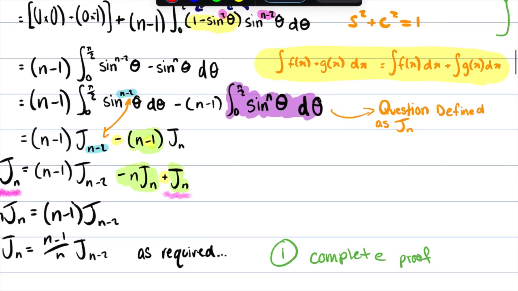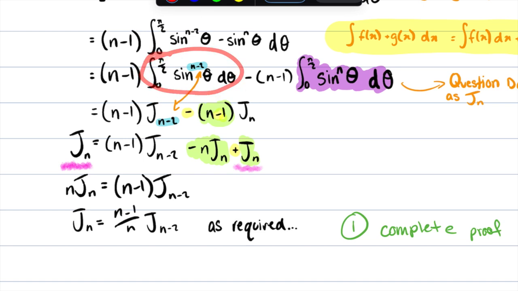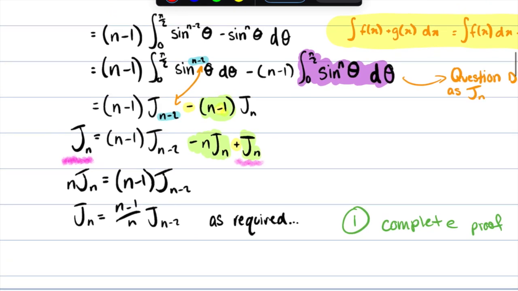Moving to the next line, we keep our n-1, and we can recognize that this term is also j n-2, as our power term is n-2, and this is what is j of n. We then get that this minus our n-1, j of n, is equal to j of n up here.